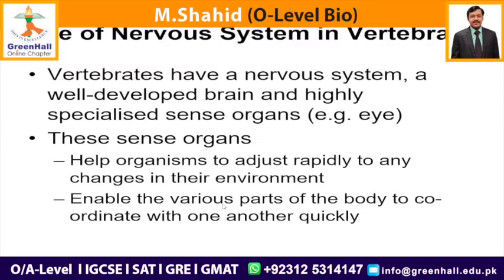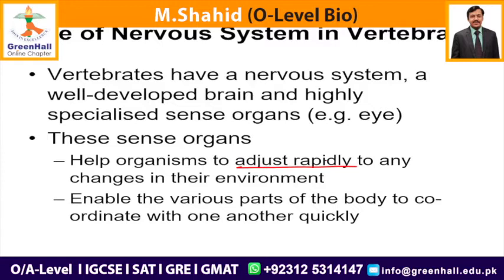Now, in vertebrates, or generally in many organisms, the role of the nervous system will be that obviously it helps the organism to adjust rapidly to the changes in the environment, as I have quoted some of the examples, and to enable the various parts of the body to coordinate with one another quickly.